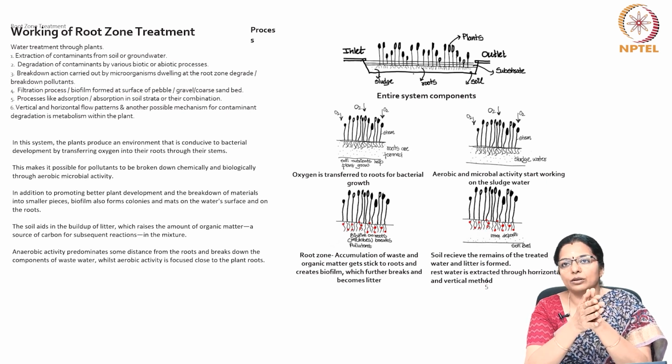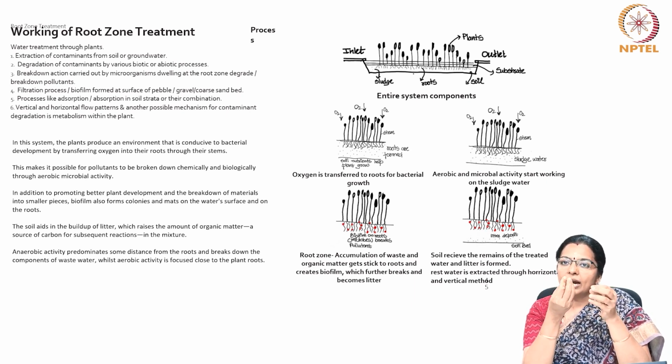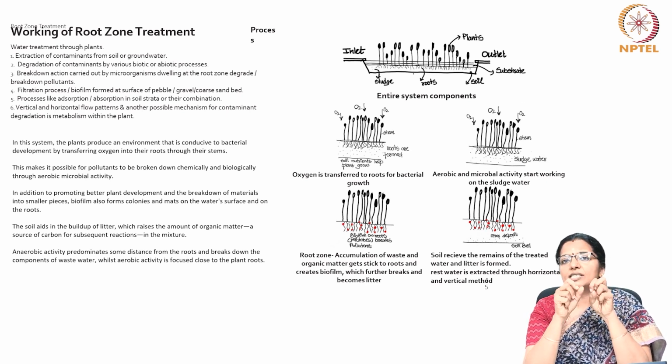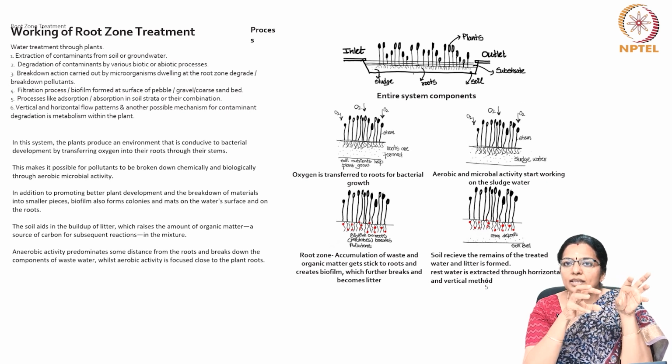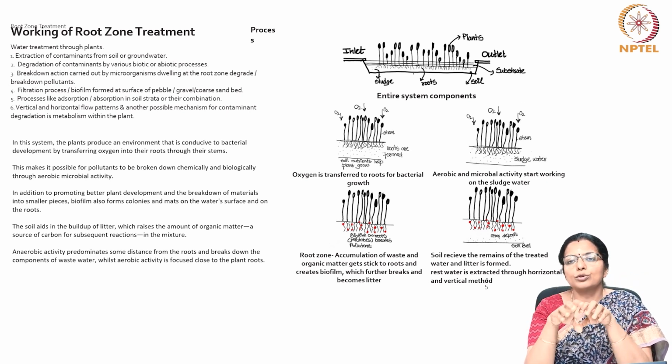No chemicals are used, but only plants, and the breakdown happens because at the root of these plants there are microorganisms which are voracious eaters of the contaminants that are put in the root zone treatment plant.